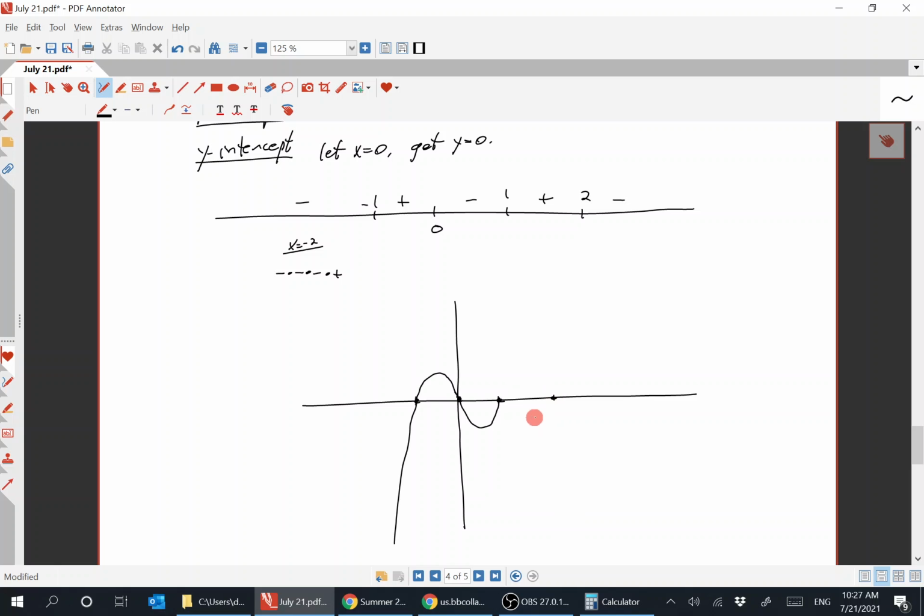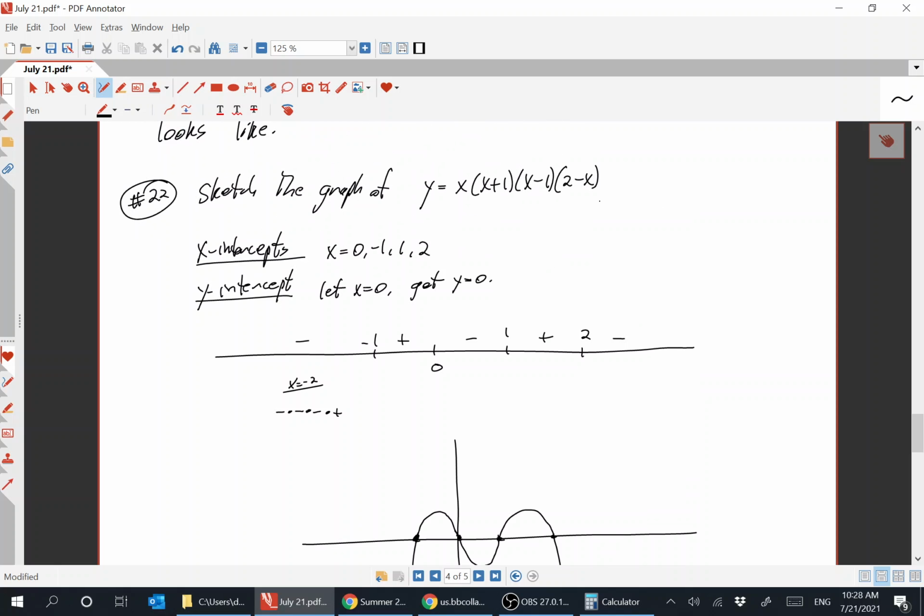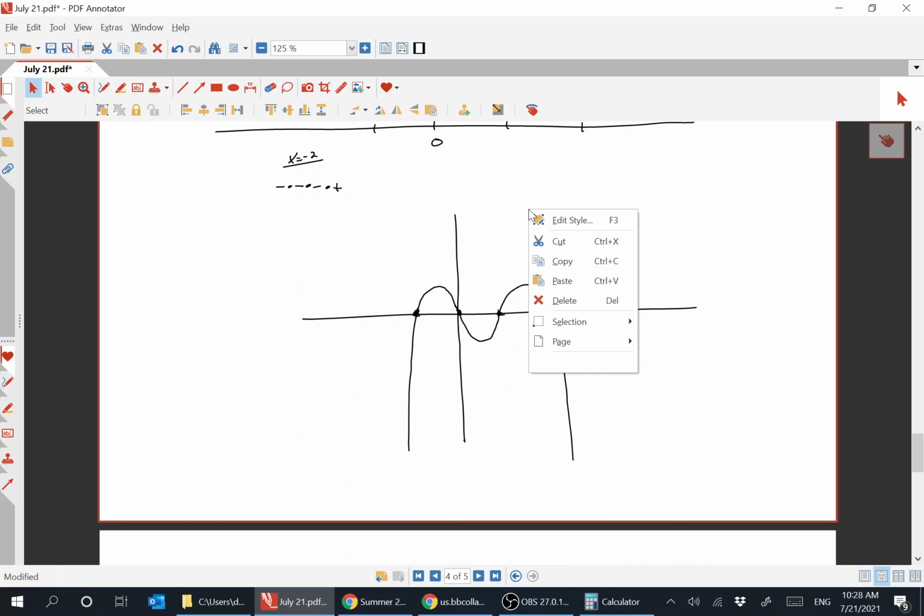So it's looking something like that. And it always goes out to infinity towards the end, either positive infinity or negative infinity. Which one is it? Well, whatever this number line indicates. Okay, so now this is definitely not what it looks like. This is all we can tell at this point.